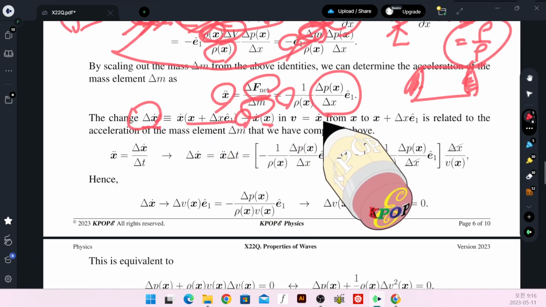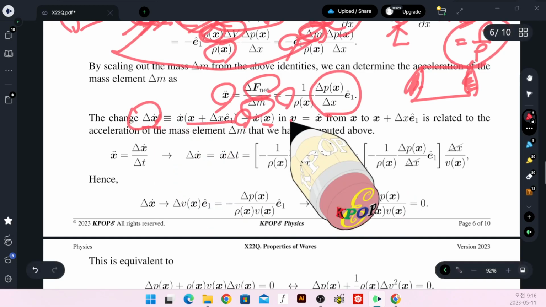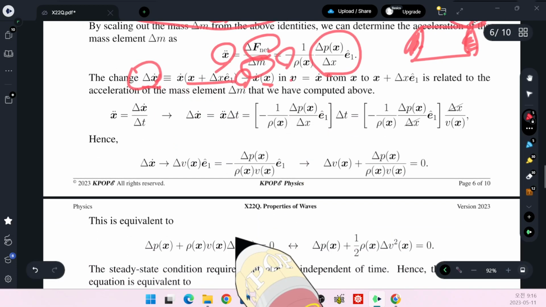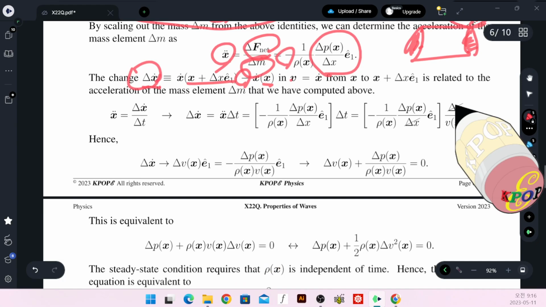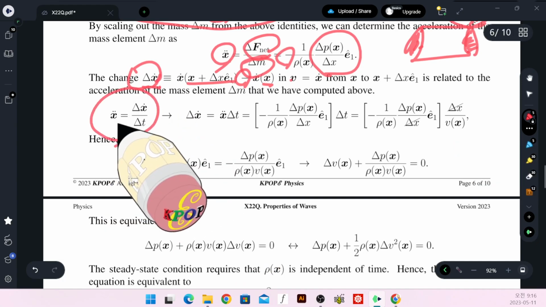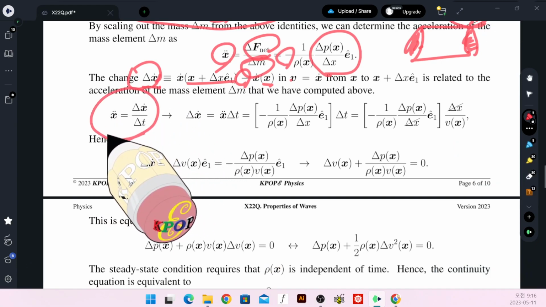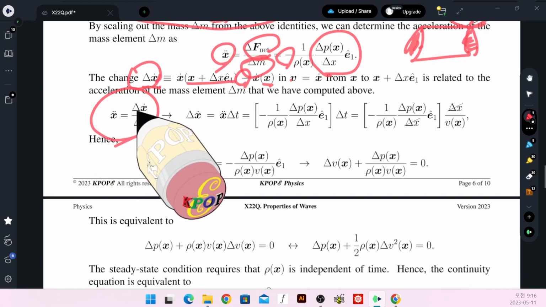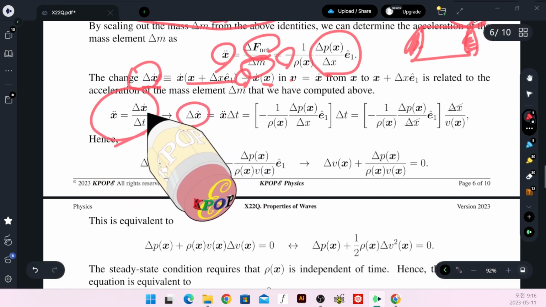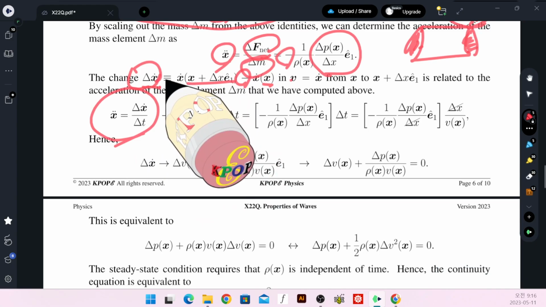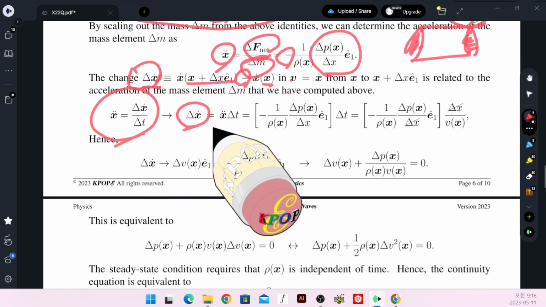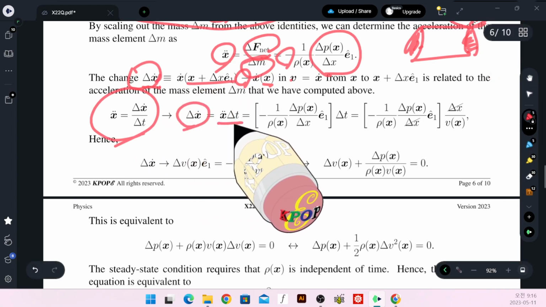And here, this x dot is the velocity v, because the acceleration is the time derivative of velocity. So this is the change in the velocity on the right side and left side. That is this.